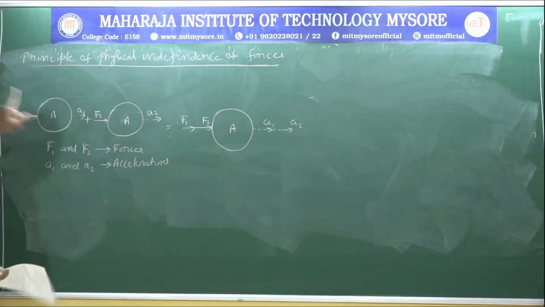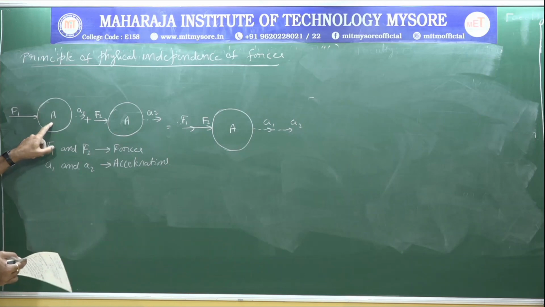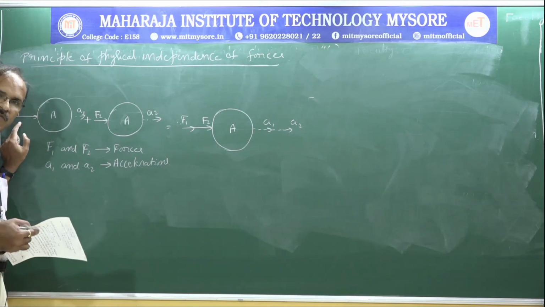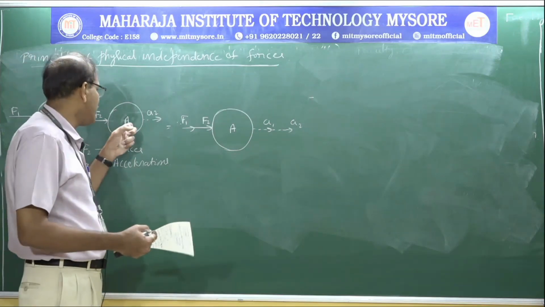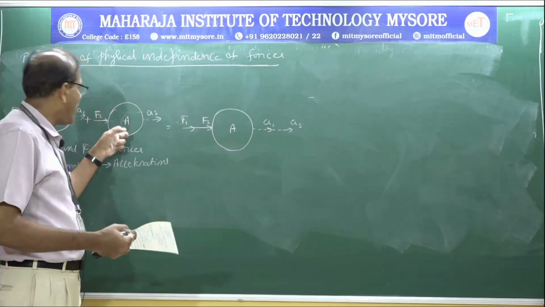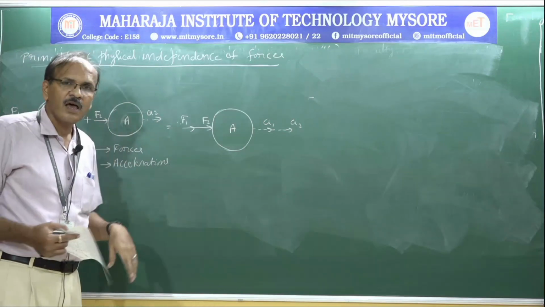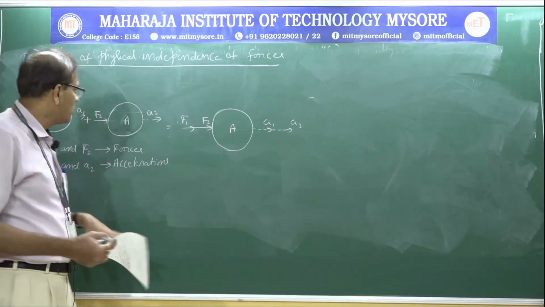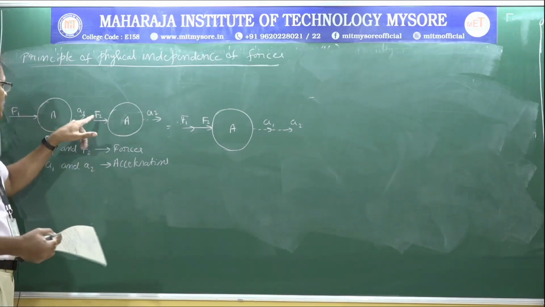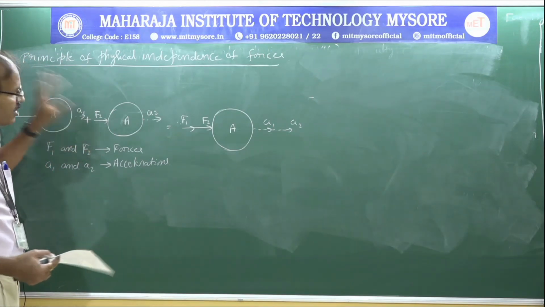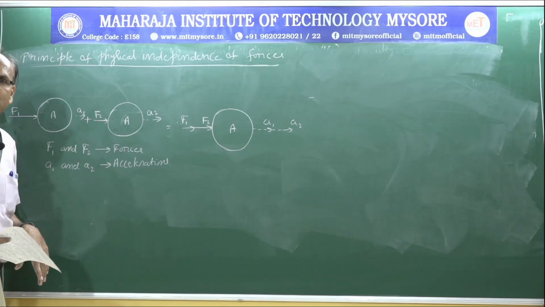The body is subjected to the force F1 that results in acceleration A1. Similarly, the same body is subjected to F2 that results in acceleration A2. So these two are independent. That is, this force and this force are independent.